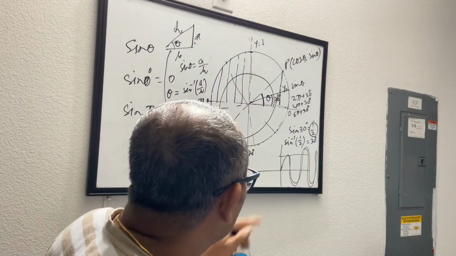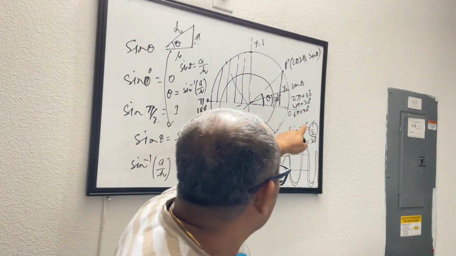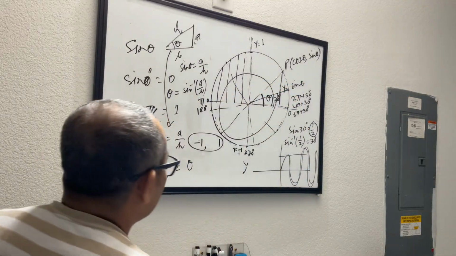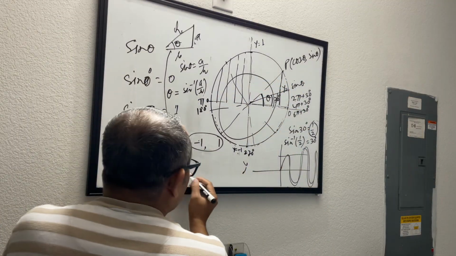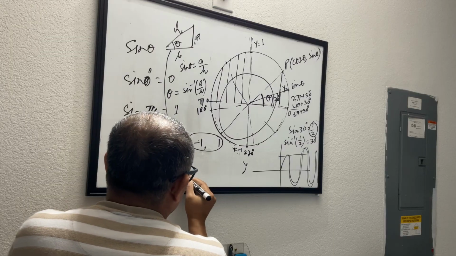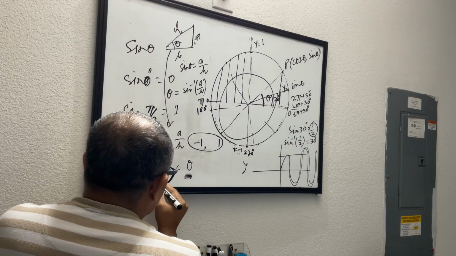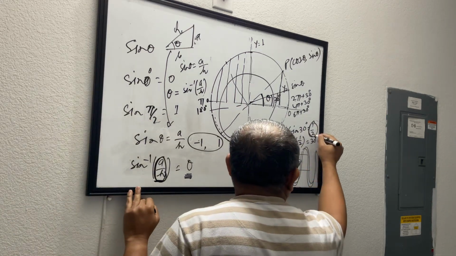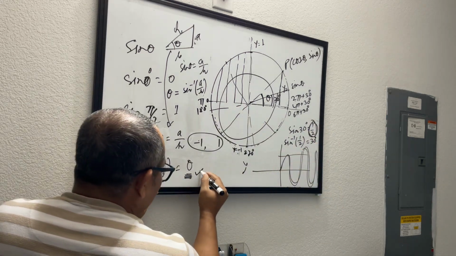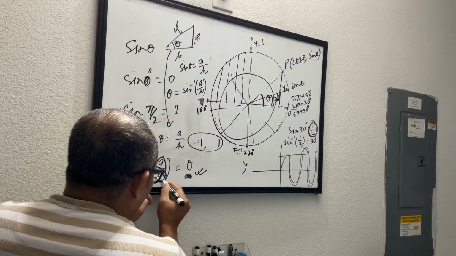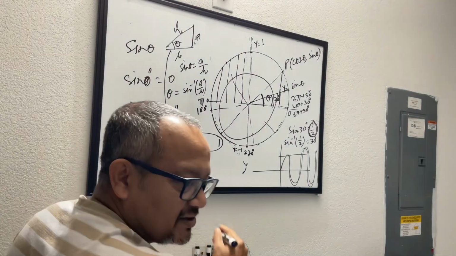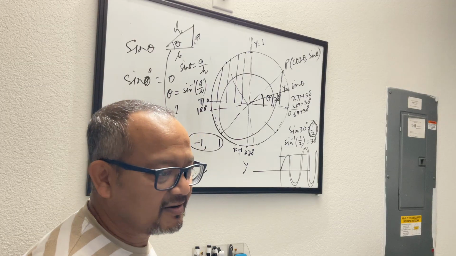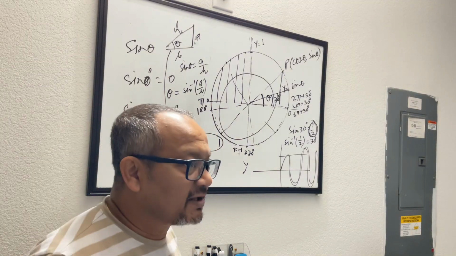So what's happening is, for multiple inputs you are getting the same value, 1 by 2. For the same domain value, you are getting multiple ranges, and that is not a function. That's the word of caution.